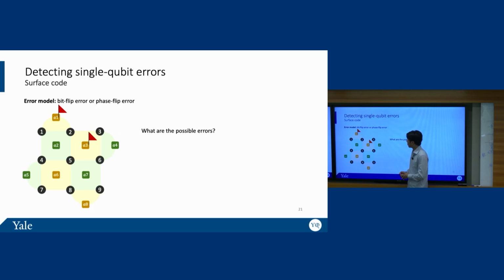So we don't know where was the error, but we can only look at the flags. So suppose A1, A3 both raised the flags. What could be the error that caused this? Yes? It looks like it could be an X error because both of them are raised at the X-flip zones.